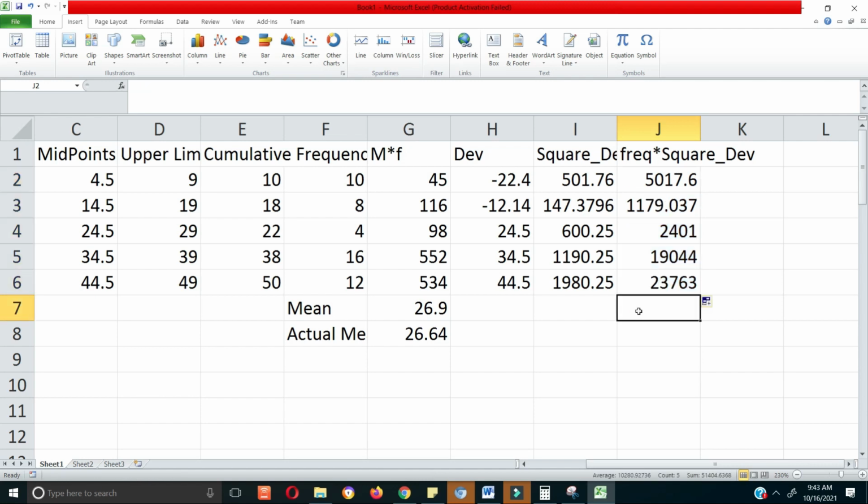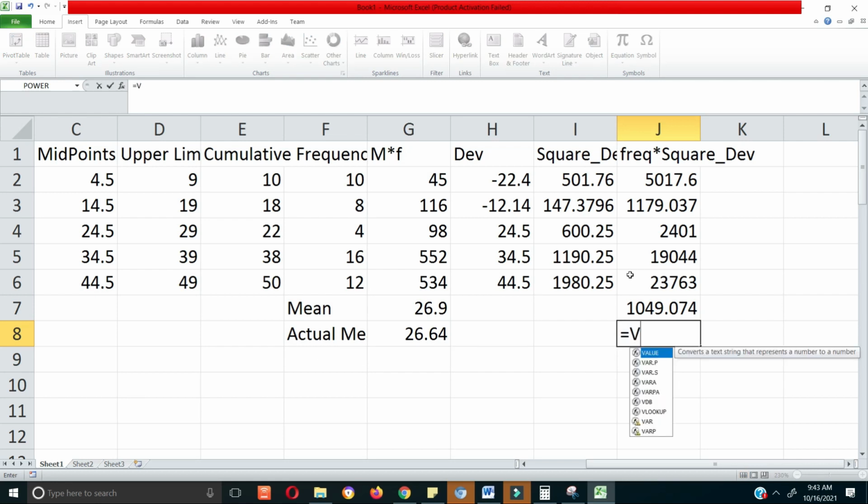So we are going to get the sum of that, now to get the sample variance. It is the sum of this range divided by, I already know we have 50 elements, divided by 49. So you get that. So if I get the actual sample variance, it should be very close to that.